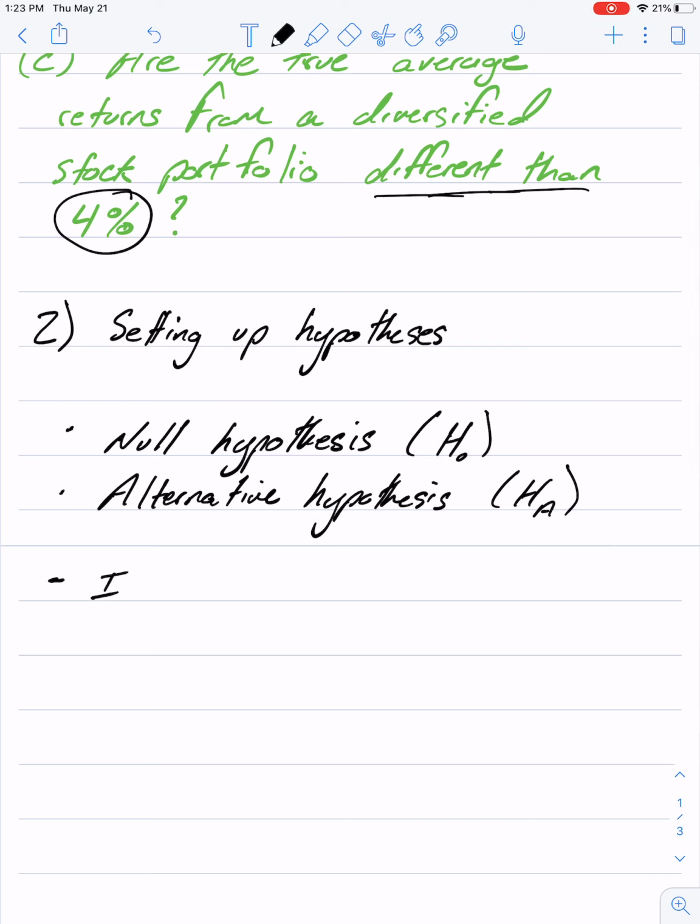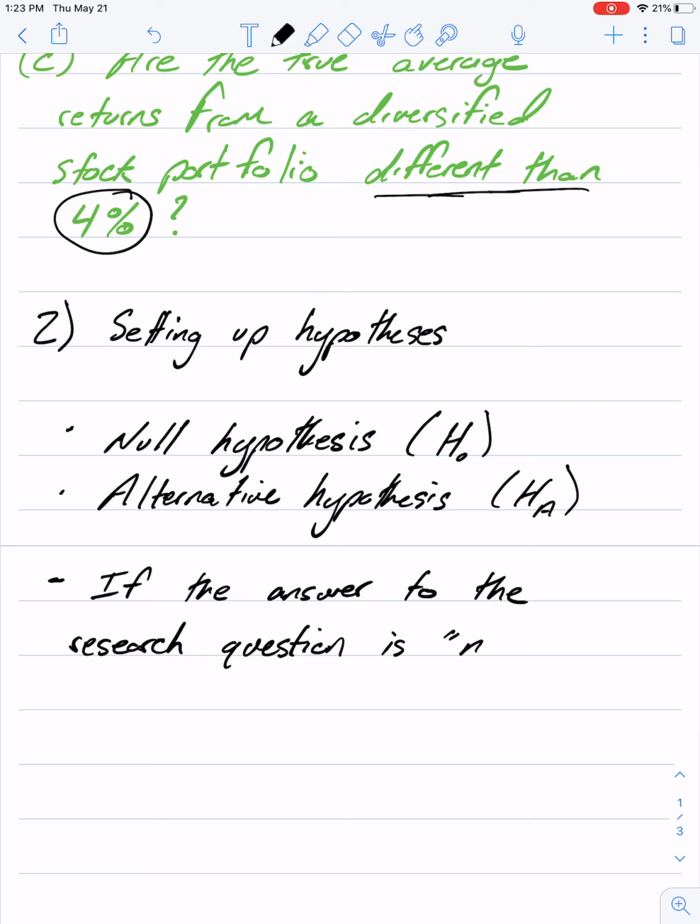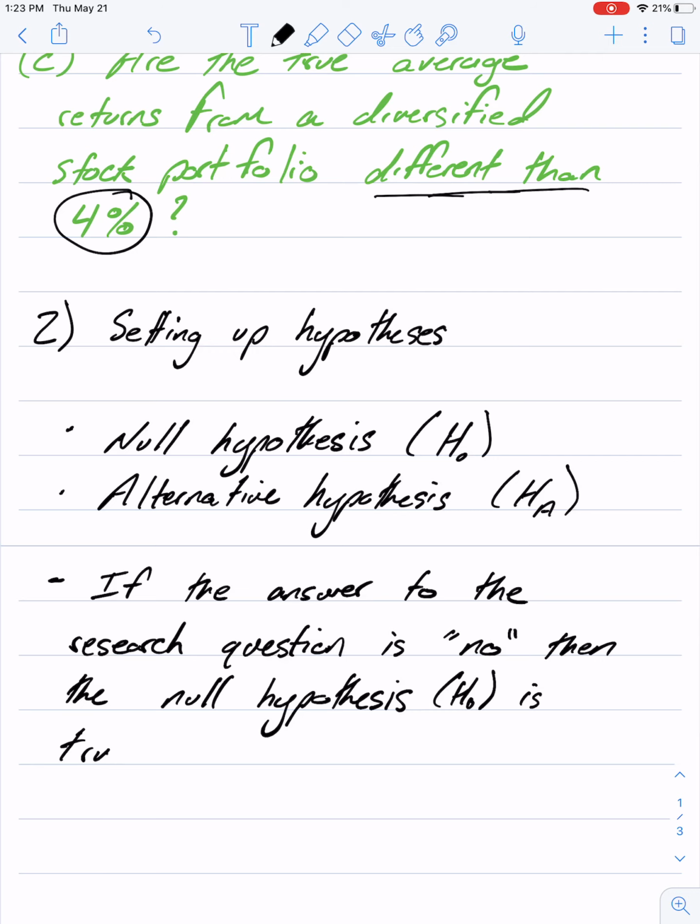So if the answer to the research question is no, then the null hypothesis, H naught, is true.